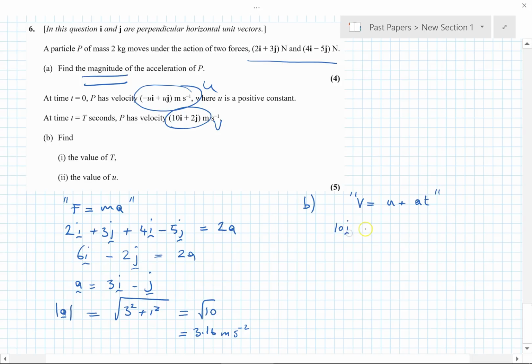So 10I plus 2J equals U, which is minus UI plus UJ, plus A, which is 3I minus J, times capital T. Right, now reorganising the right hand side a little bit, I get minus U plus 3T times I, and U minus T times J, and a plus in between.